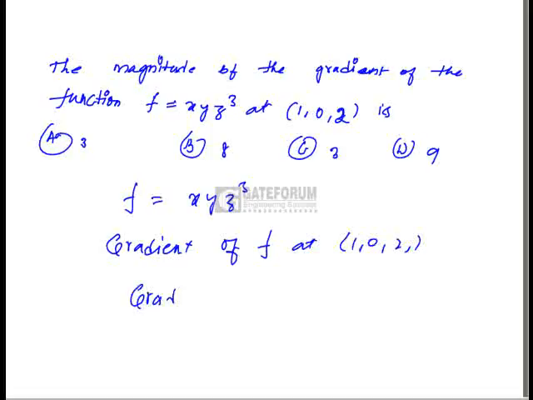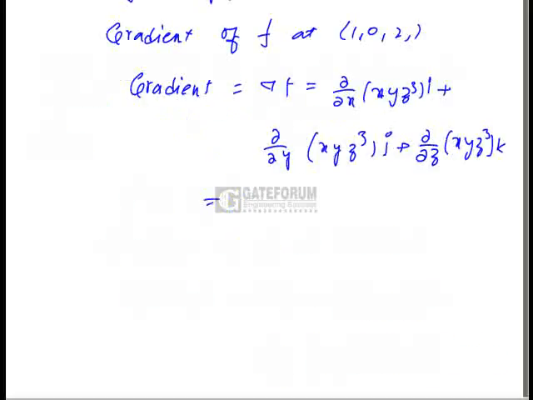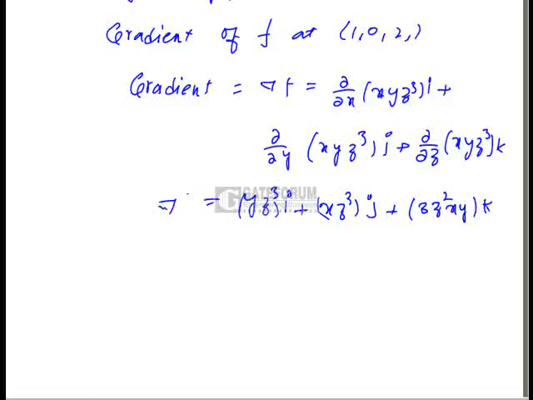Now the gradient is nothing but delta f, which is dou by dou x of xyz cube into i, plus dou by dou y of xyz cube into j, plus dou by dou z of xyz cube into k, which will be yz cube into i plus xz cube into j plus 3z square xy into k, which is delta f.